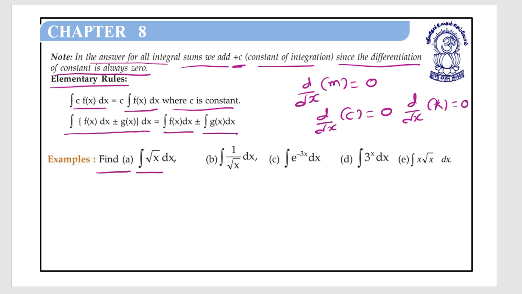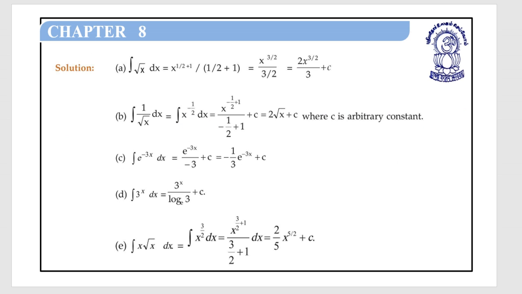Find the integration of root x dx. So here you have to find the integration of root x dx. Instead of root x, you can write x raised to 1 by 2.